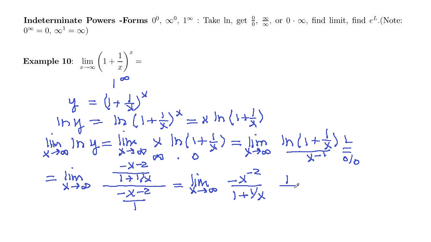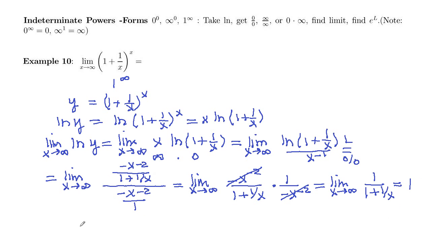So 1 will be on top and negative x to the negative 2 in the denominator, and then the negative x to the negative 2's cancel. So we are now just doing limit x goes to infinity of 1 over 1 plus 1 over x. And now your x is going to infinity, so the 1 over x approaches 0. That's 1 over 1 plus 0, which is 1.